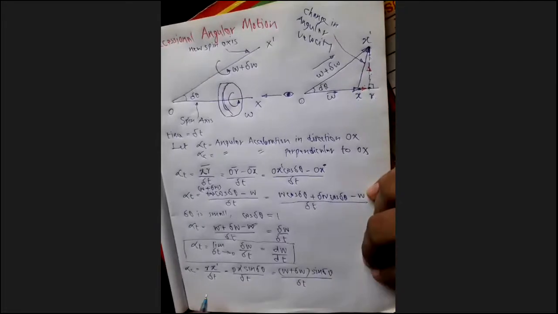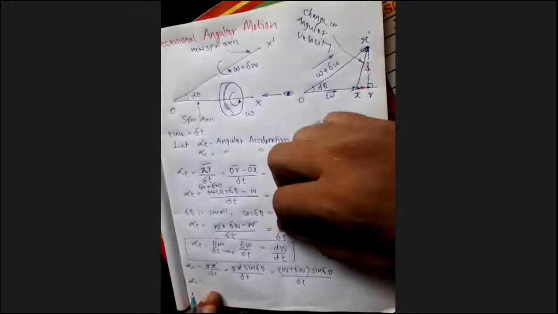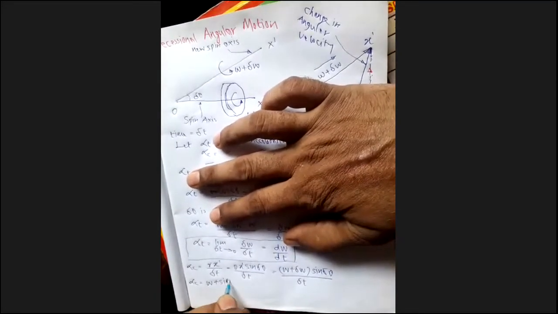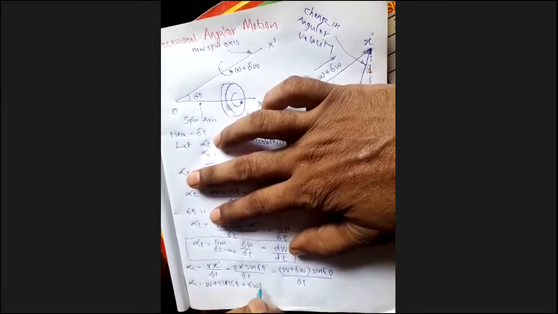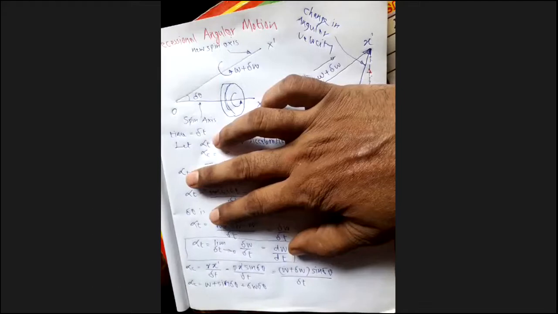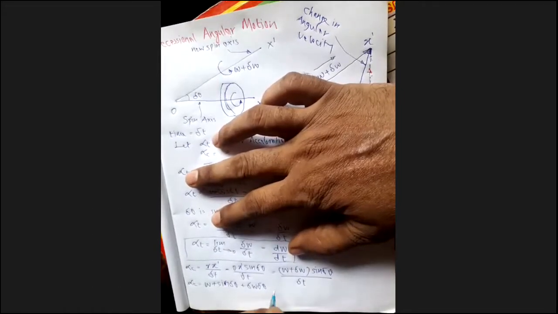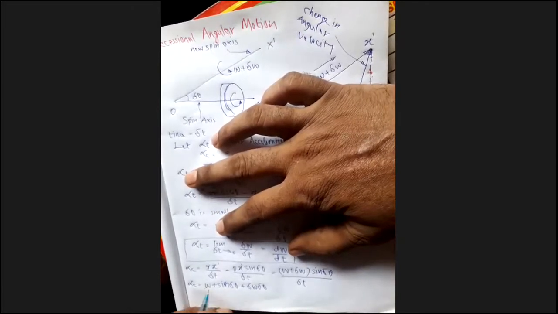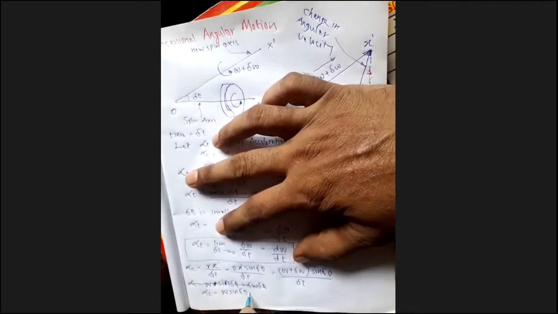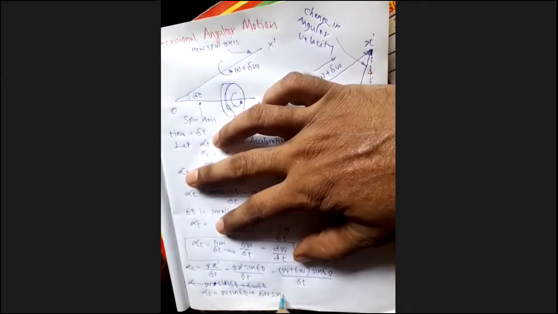So alpha c will be equal to omega sine delta theta plus delta omega sine delta theta, all divided by delta t.